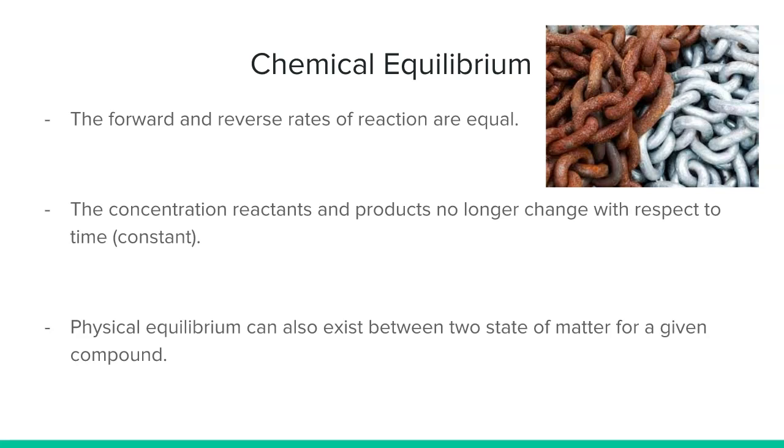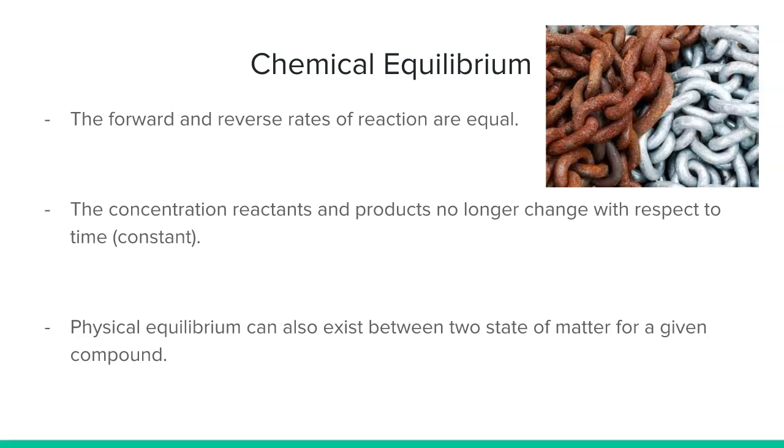The other half is that the concentration of reactants and products will no longer change with respect to time. As you start a reaction, you have all reactants and no products. Then as the reaction moves forward, you start to produce products and diminish some of your reactants.